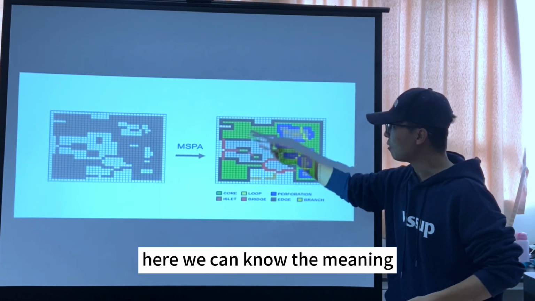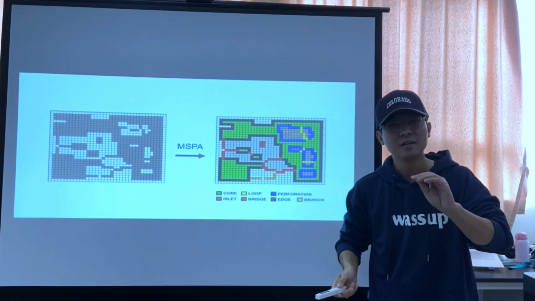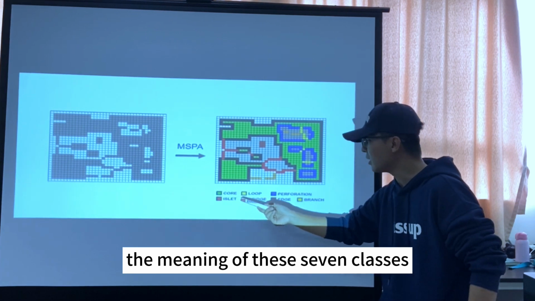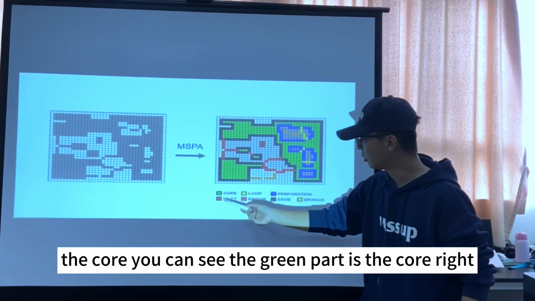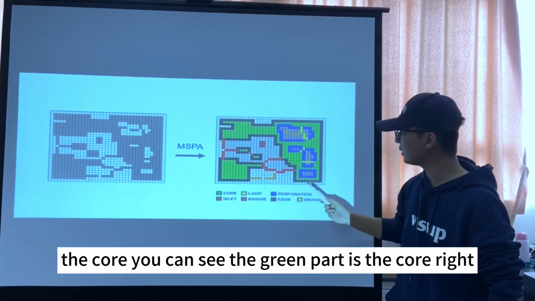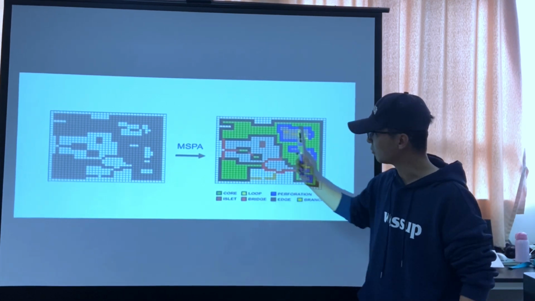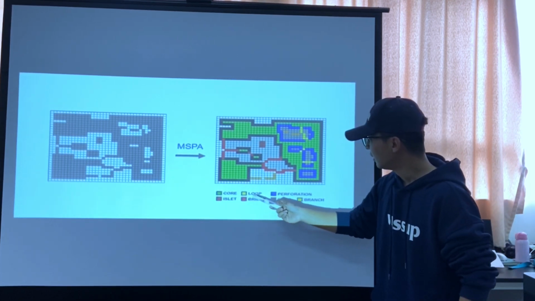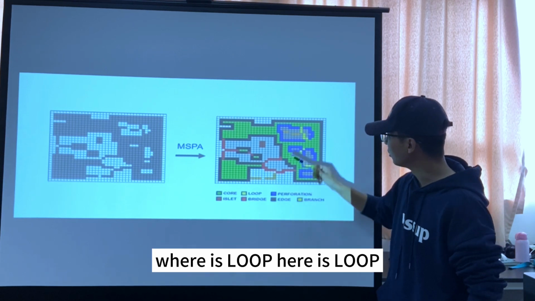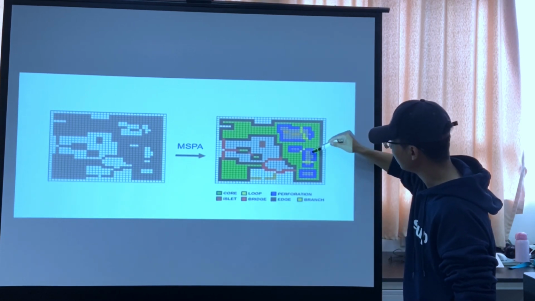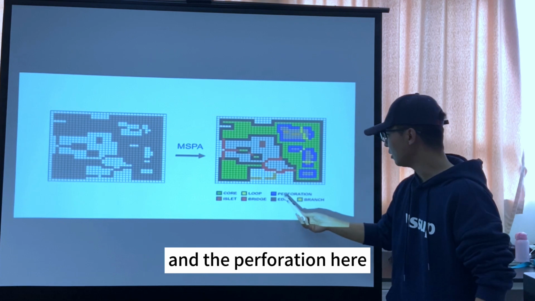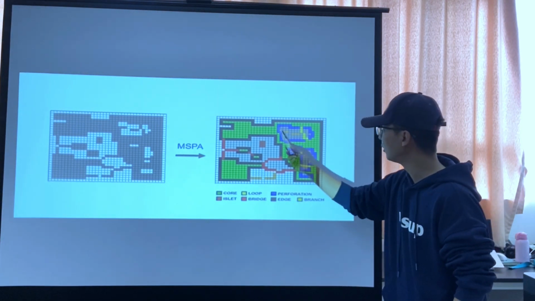So here we can know the meaning of these 7 classes. The green part is the core. The yellow one is loop. Here is a loop, and here is a loop. And the perforation here.